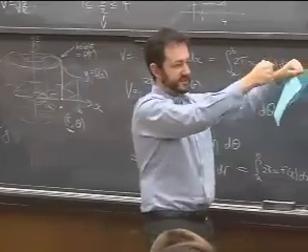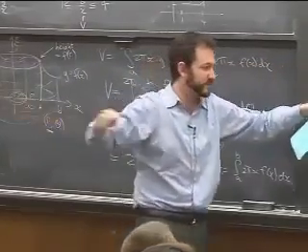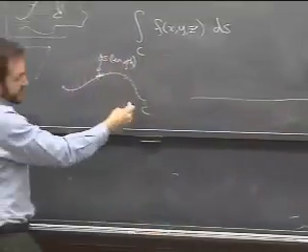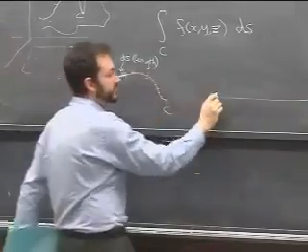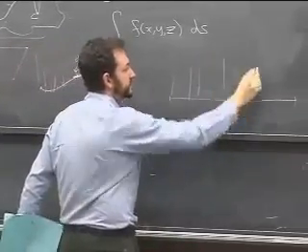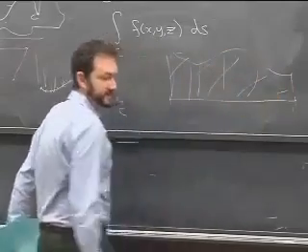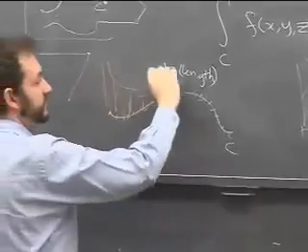But I want to take the string and yank it out, stretch it out and put it along the x-axis. So it unwinds like this, and whatever the heights are above it also unwind and give you an actual function, and we just want to integrate that. So it is an area, but it's sort of a bizarre area.